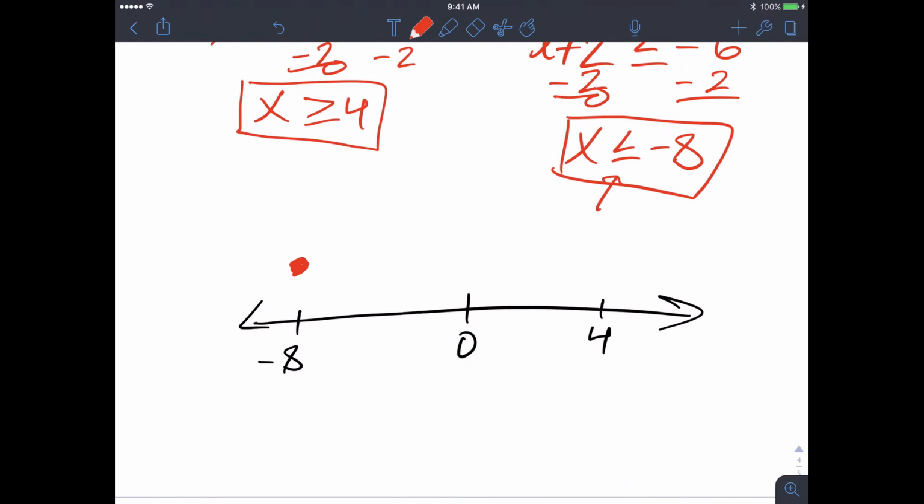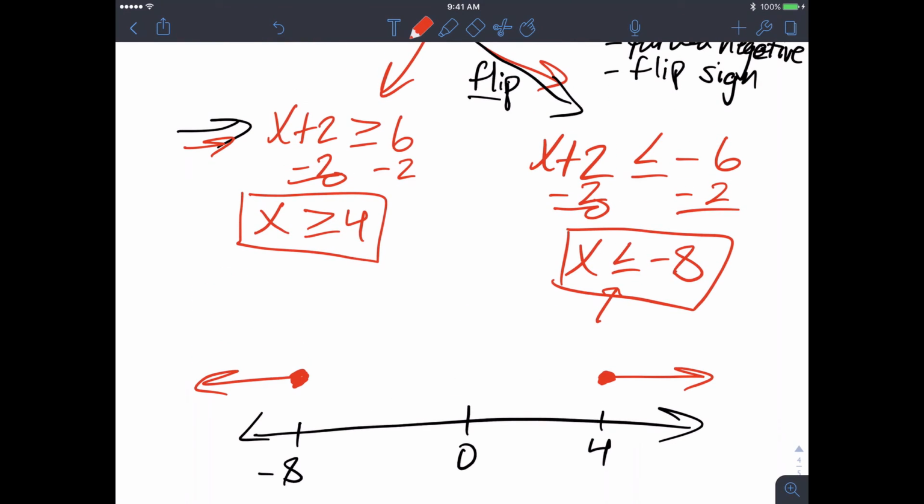It says x is less than or equal to negative 8. So less than means we're going to the left. Those values are less than. x is greater than or equal to 4, so we're going to go to the right. Okay? So this is an or, not an and.